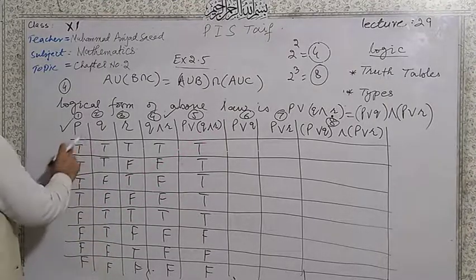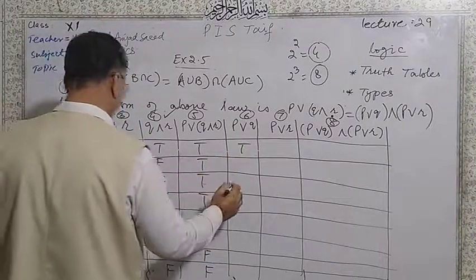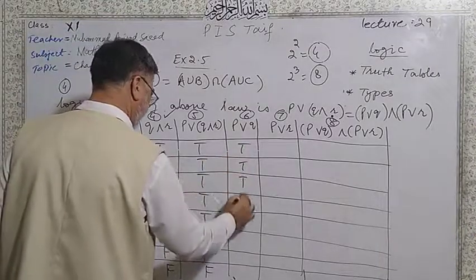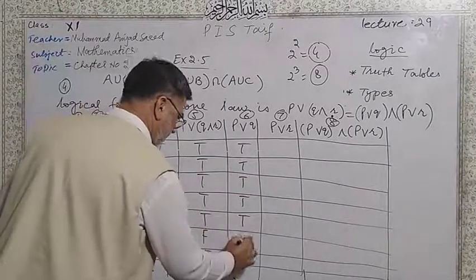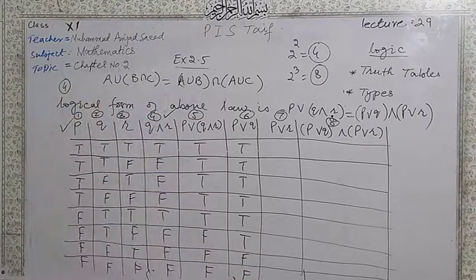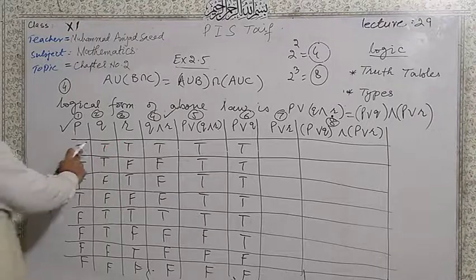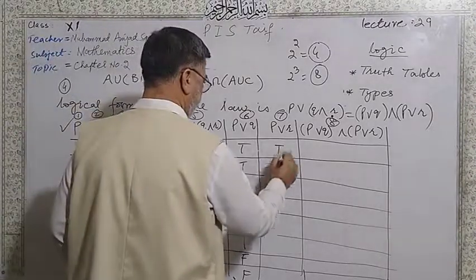Here is P ∪ Q: T, T, T, and T. Then again T, and T, then F and F. Now P ∪ R: T, T, T, and T, 4 times.